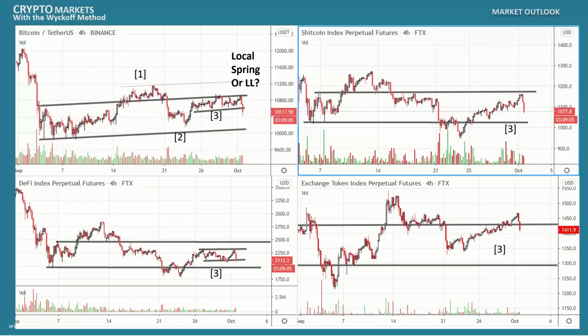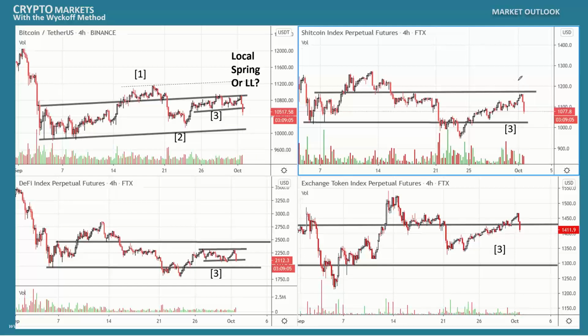Now, what I would really be concerned about is if this reaction develops further down, and if it goes below this level right here, where we are coming to the support level and the volume signature increases, and we have to see whether this is going to happen.